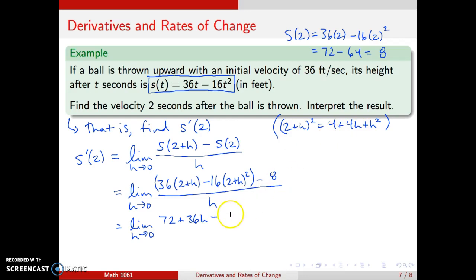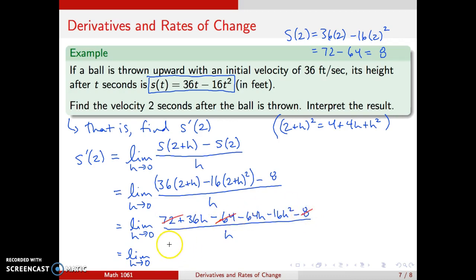So I've got minus 16 times 2 plus h squared, so minus 64, from the minus 16 times that, minus 64h, minus 16h squared, minus 8. All that over h. Alright, so we probably had a little audio mix up there. I had a typo down the road and I had to rewind, so to speak. Let's get caught back up real quick here. So we've got 72 minus 64, that's 8, minus 8, so that's 0.